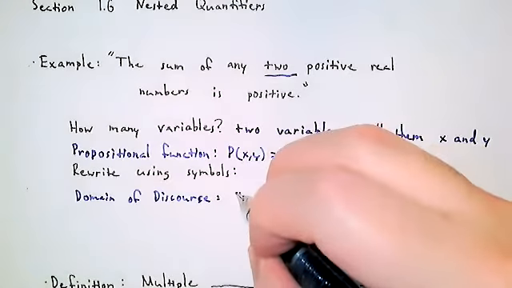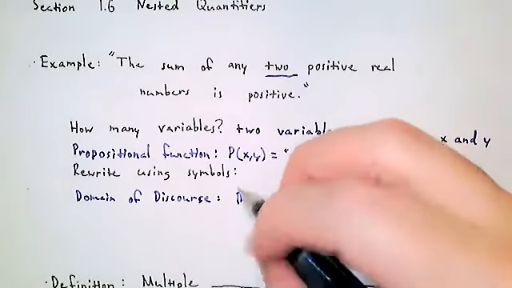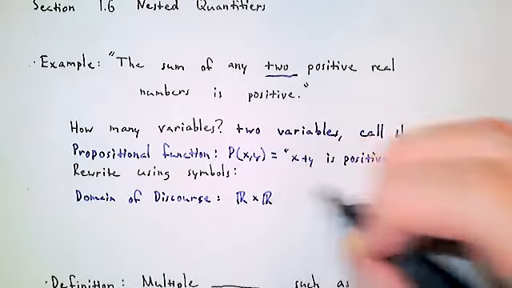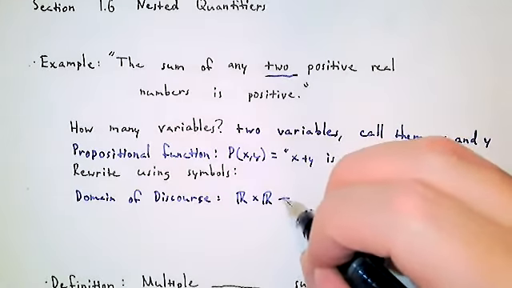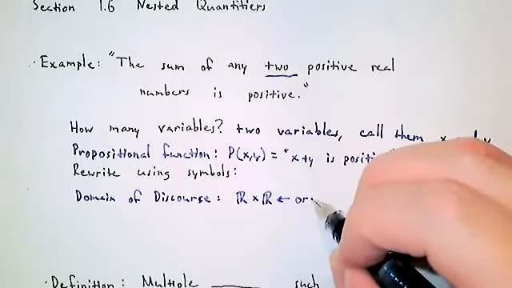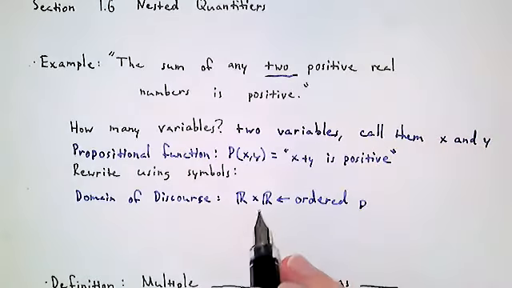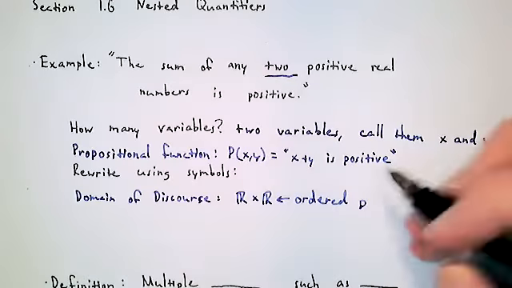So that means our domain of discourse is not going to be just R, it's actually going to be R cross R. So this is, remember, the ordered pairs of real numbers that we learned about in the first section. The cross, the multiplication symbol, tells you that you're looking at ordered pairs.